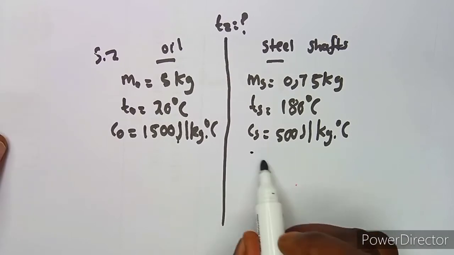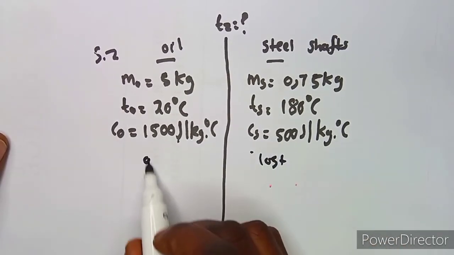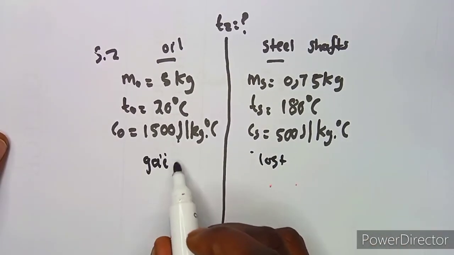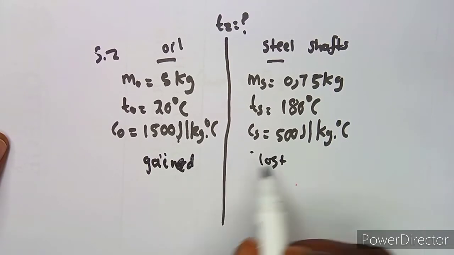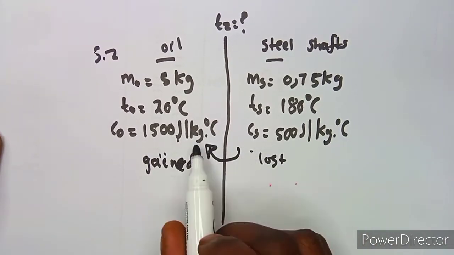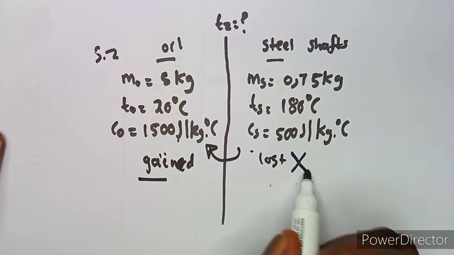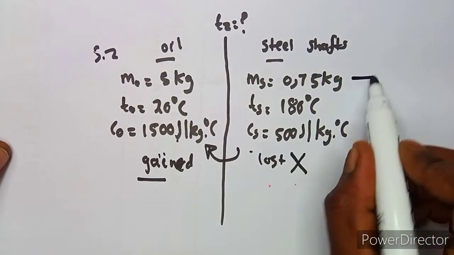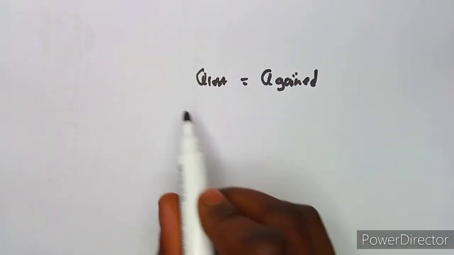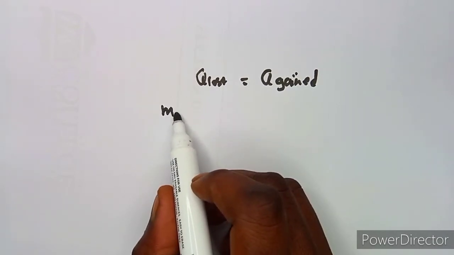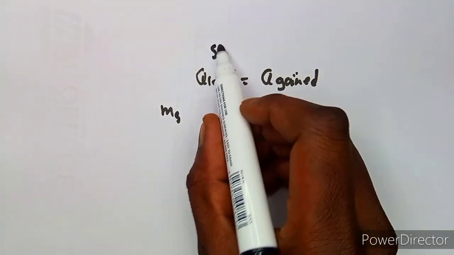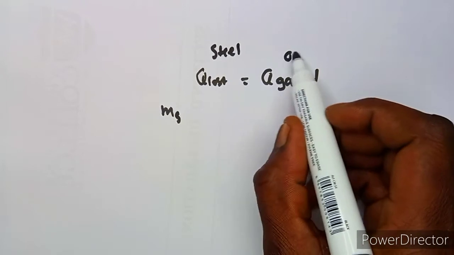The steel lost and the oil gained, because you are cooling the steel in oil.